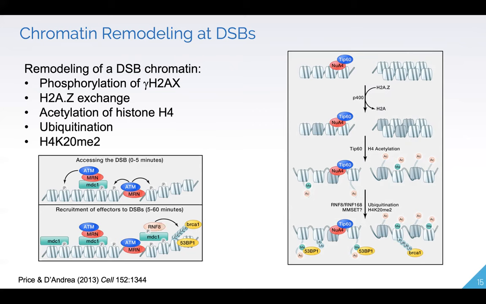The other important function, along with this histone exchange process, is an acetylation reaction that happens at some of the histone tails, mediated by a protein called TIP60, a histone acetyltransferase that adds acetyl groups to particular sites. There are also a bunch of methyltransferases that will come and methylate some of these histone tails, and that's essential for the recruitment of 53BP1.